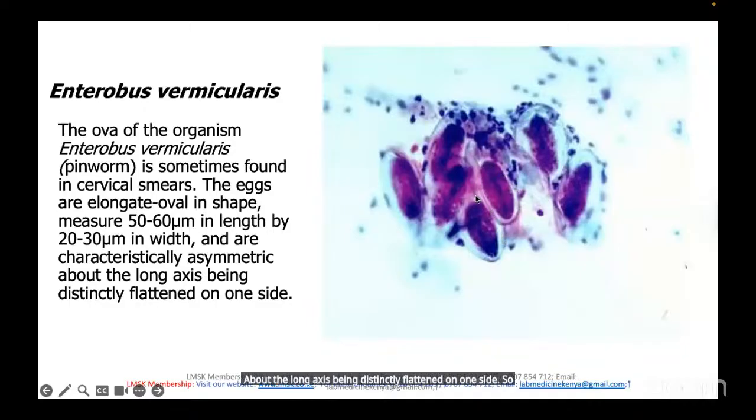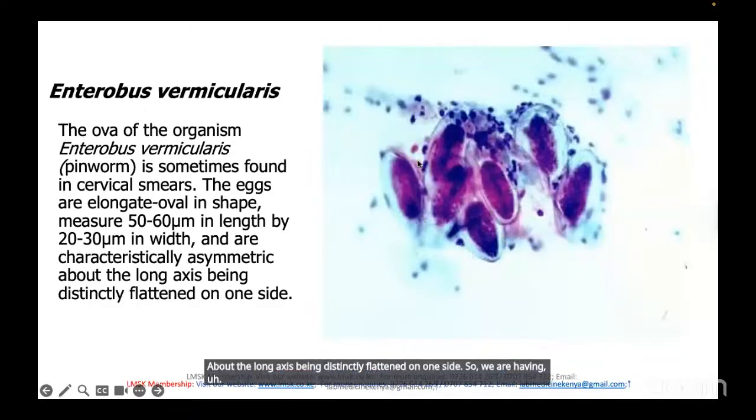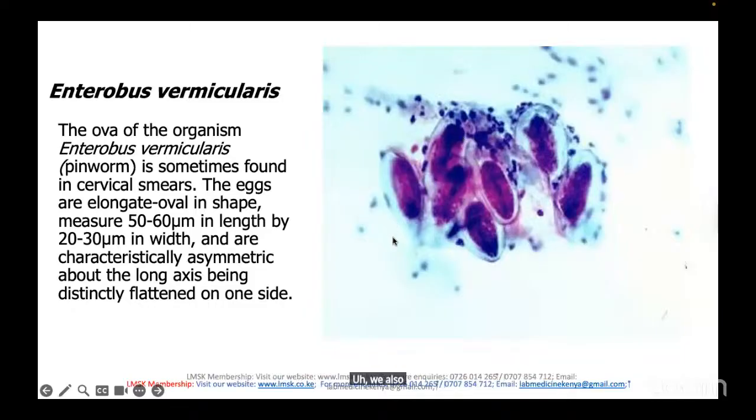So when we do cytology, we can also come across such, and when we do, we report that the patient has Enterobius vermicularis. Oh, sorry, I have an error. I wrote enterobus. It's Enterobius vermicularis. There is a typo there.